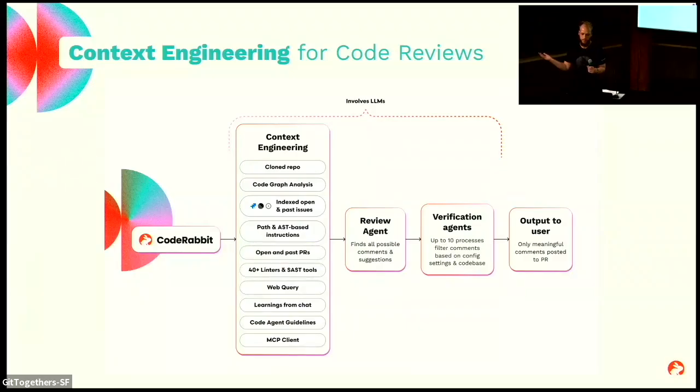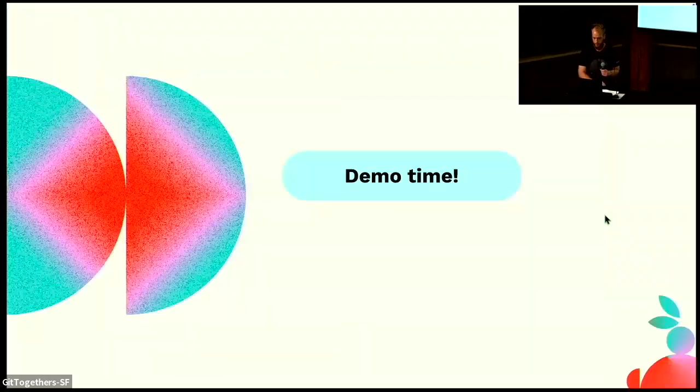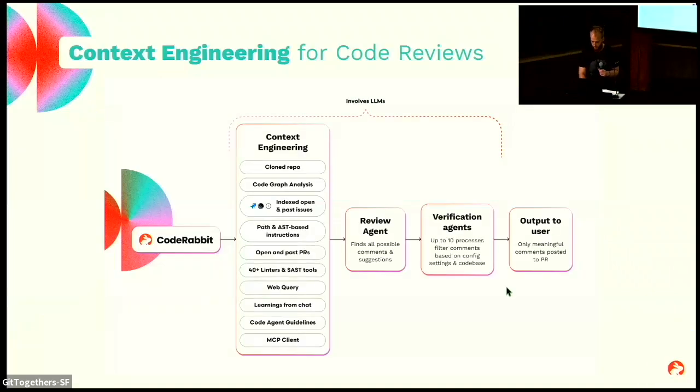So if the review agent suggests something that is a hallucination, then the verification agent will likely catch it. I think this two-step process is a really good way to help with hallucinations. And then we post on the PR.